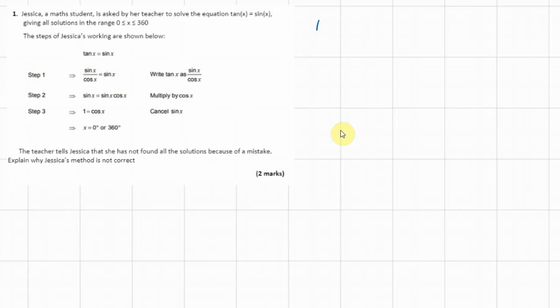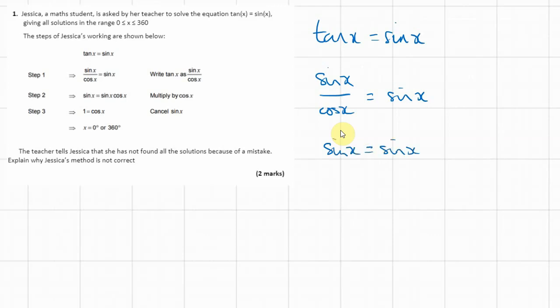So I'm going to solve tan x equals sine x. I'm going to switch tan to be sine x over cos x. That equals sine x. I'm going to times by cos x, so sine x equals sine x cos x, and then I'm going to subtract it to get it over here.